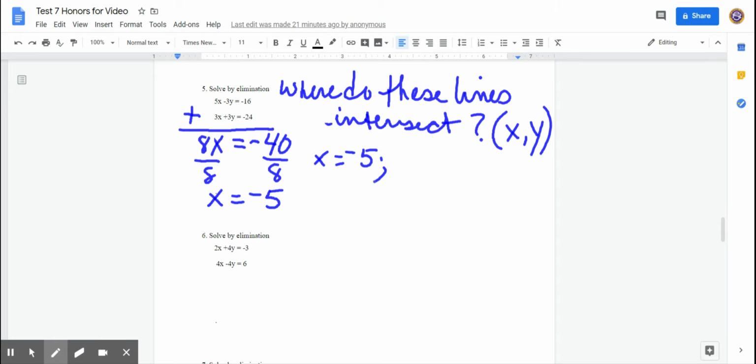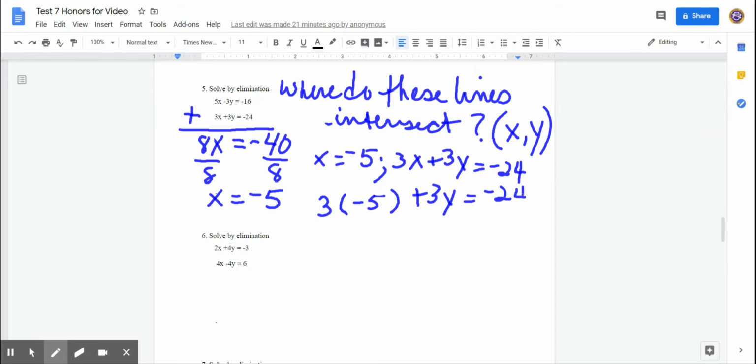It doesn't matter which one. I'm going to choose the second one because they're both positive, less apt to make careless mistakes, and we're going to substitute now. So 3 times x, which is -5, plus 3y equals -24.